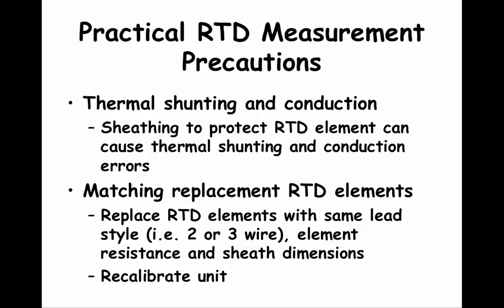So if you have to replace an RTD, you will need to calibrate the unit. You probably should always recalibrate any measurement system when you replace the sensor. Also, note that the type of wiring needs to be consistent between the old and new RTD. So if you have a 2-wire RTD, you have to replace it with a 2-wire RTD.